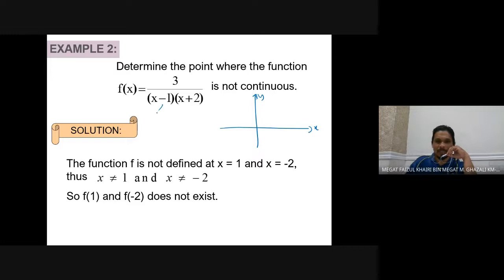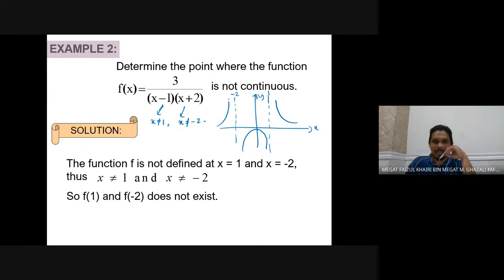Okay, from the denominator, we know that x cannot be equal to 1, and here x cannot be equal to negative 2. Negative 2 and 1. The graph might be something like this one here and here, for example.